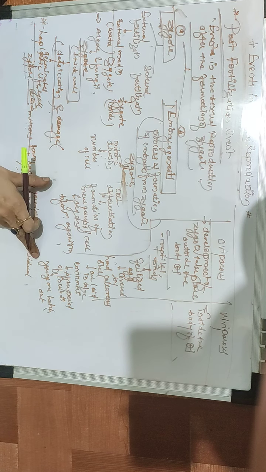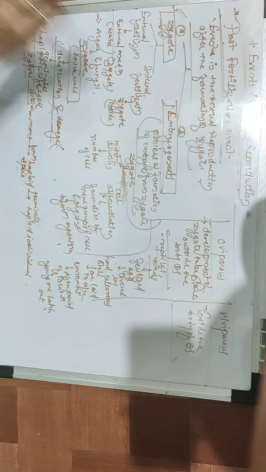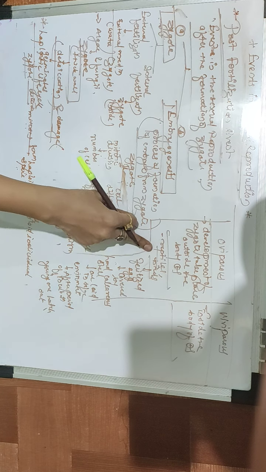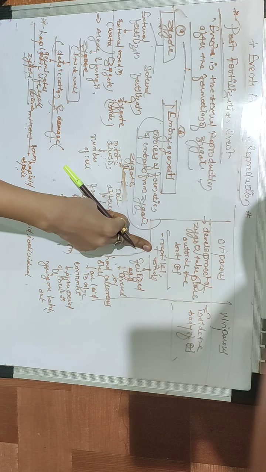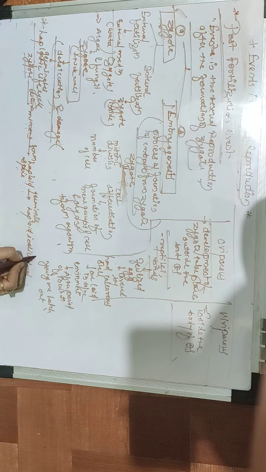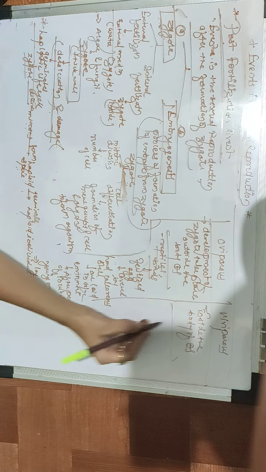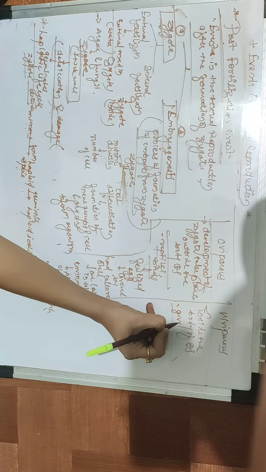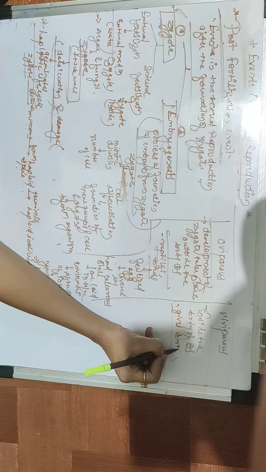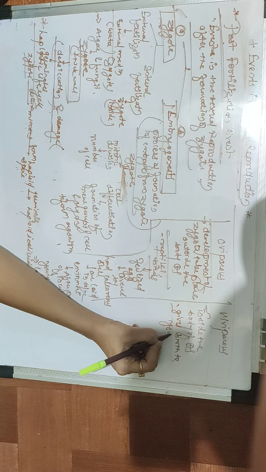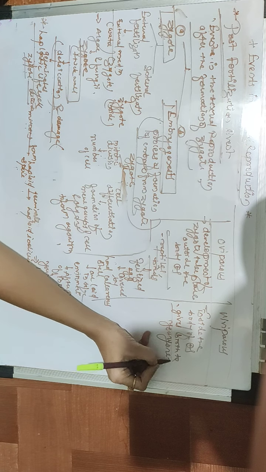That is what happens in oviparous animals. Oviparous means they lay eggs, and viviparous means they give birth to young ones. In short, I am telling you.